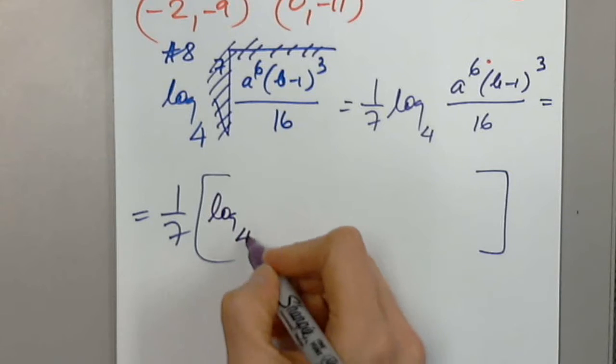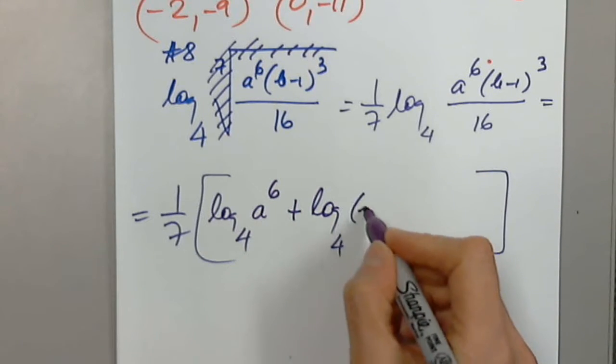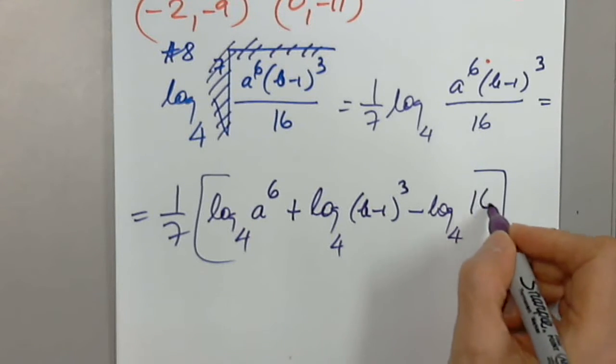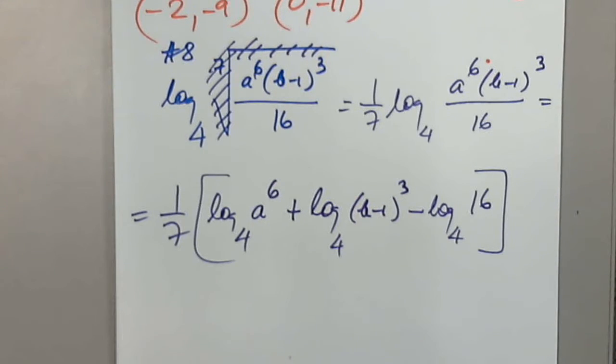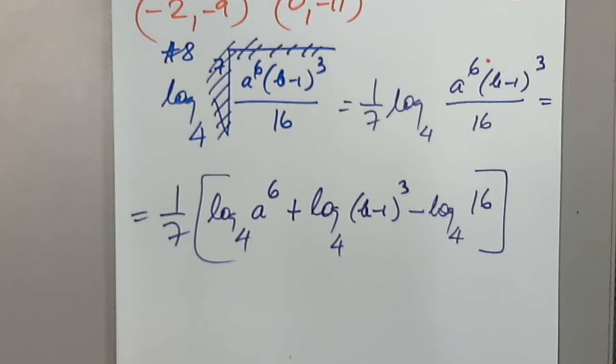So log base 4 of a to the 6th plus log base 4 of b minus 1 to the 3rd, but minus log base 4 of 16. You don't have to do it in one step, but why waste the time? If the quantity is at the top, we will have positive in front. If the quantity is in the denominator, we'll have negative in front, and that's it.